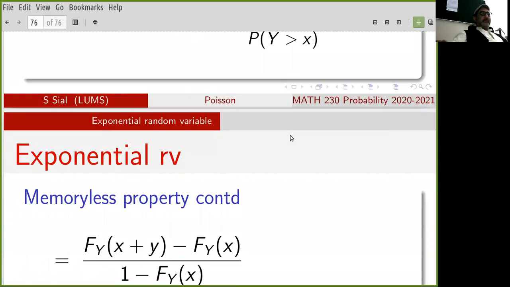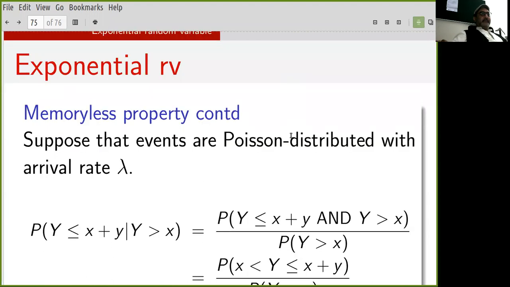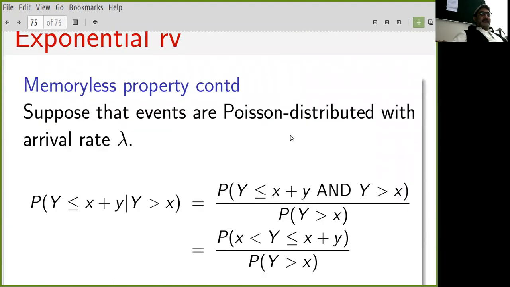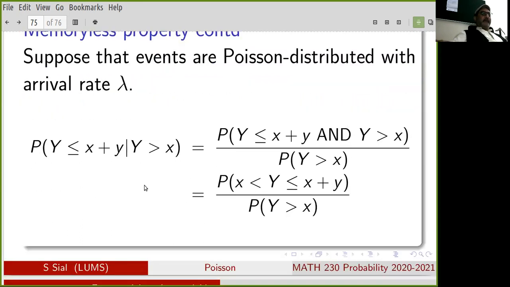So, supposing that events are Poisson distributed with an arrival rate lambda, and you want the probability that the total time that you will have to wait is less than or equal to x plus y, given that you've already waited x, so given that it's guaranteed to be bigger than x.